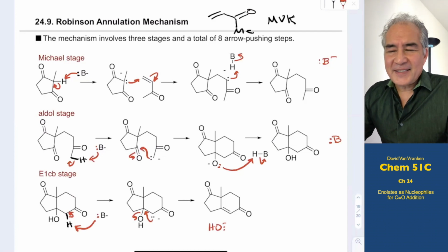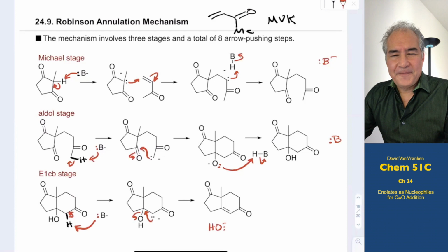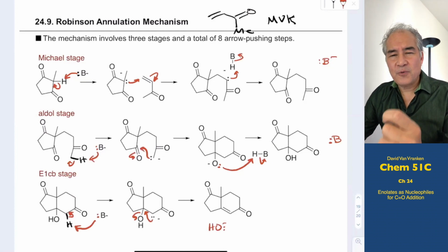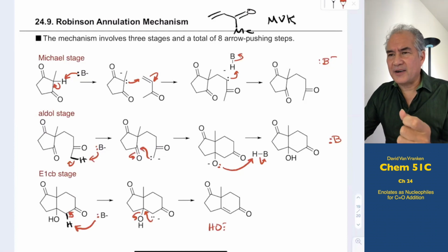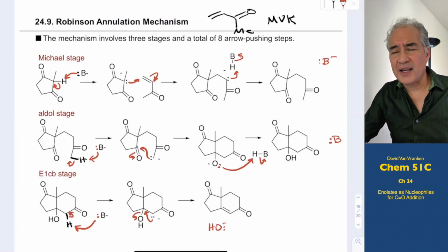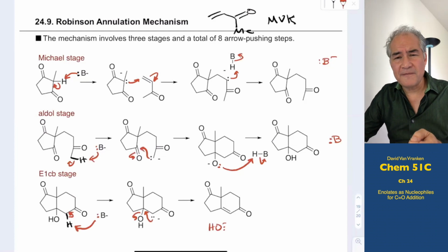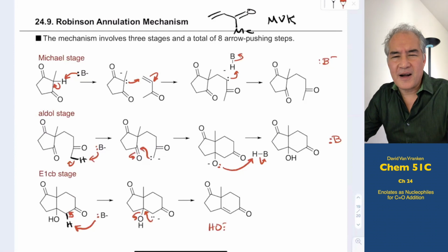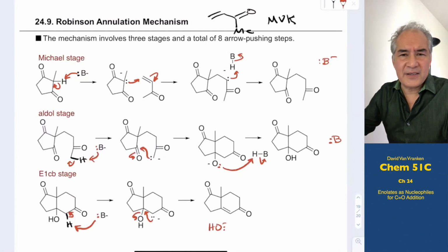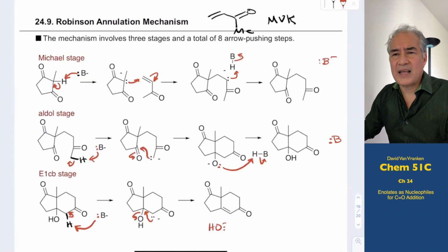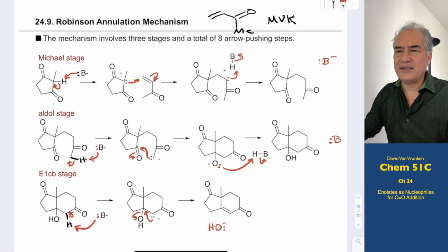All right, that's the end of chapter 24. What was chapter 24 about? In chapter 23 in our Gorzynski-Smith 5th edition textbook, we were making enolates and doing SN2 reactions. But in chapter 24, we've been making enolates and adding them to carbonyl compounds. Most of it was adding to carbonyls through aldol additions, aldol condensations, Claisen reactions where you're adding to esters.